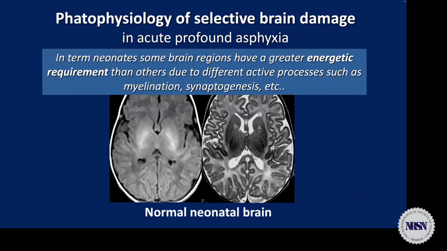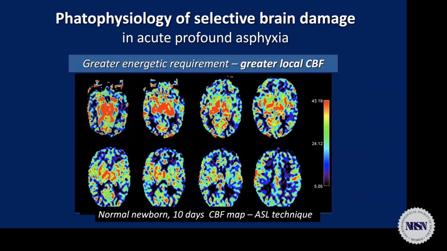So the part of the brain that needs a greater energetic requirement. And which parts are these in the neonatal brain? Something different from an adult, because as we have seen, only some parts of the brain are actually myelinated.